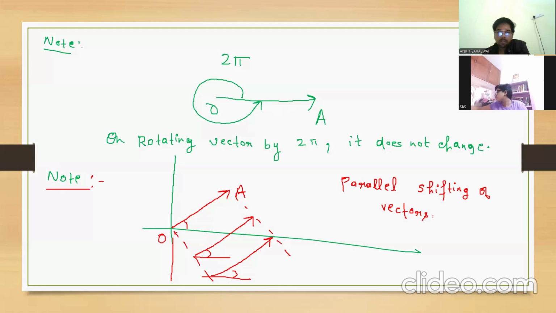Can I move on to the next? If I draw two vectors like this, one vector like this and one vector like this, then this vector I can draw like this. The condition is that this length and this length must be equal, and direction must be equal. We can translate.